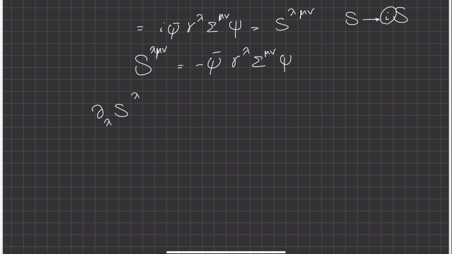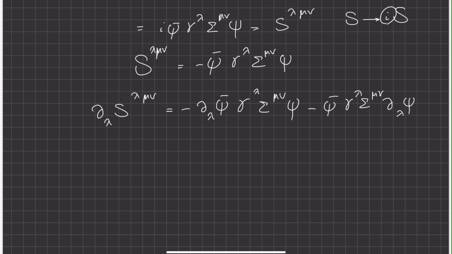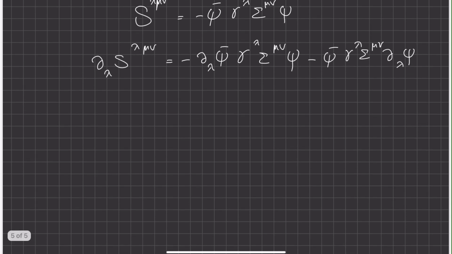So now the derivative of the spin current is going to be equal to minus the lambda derivative of psi bar gamma lambda sigma mu nu psi, minus psi bar, everything the same, but now we take the derivative of psi. And then we are going to use, again, the identities that we found from the Dirac equation.